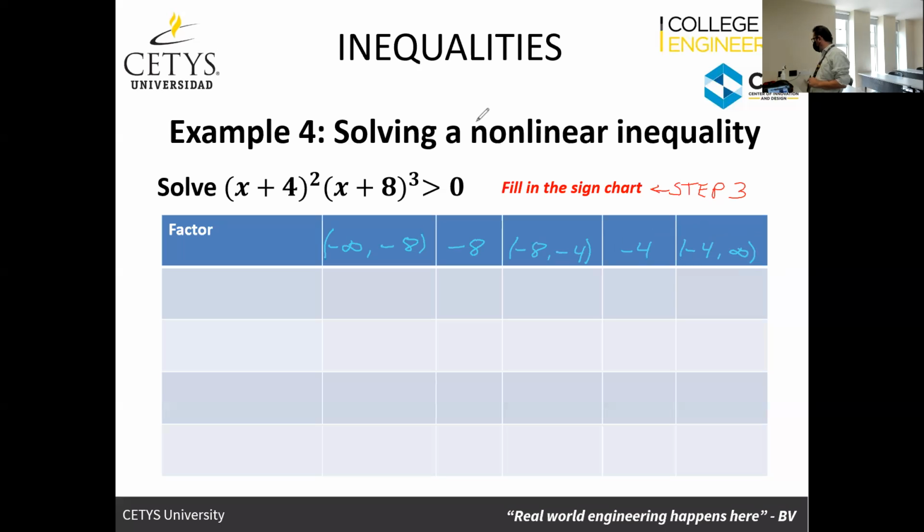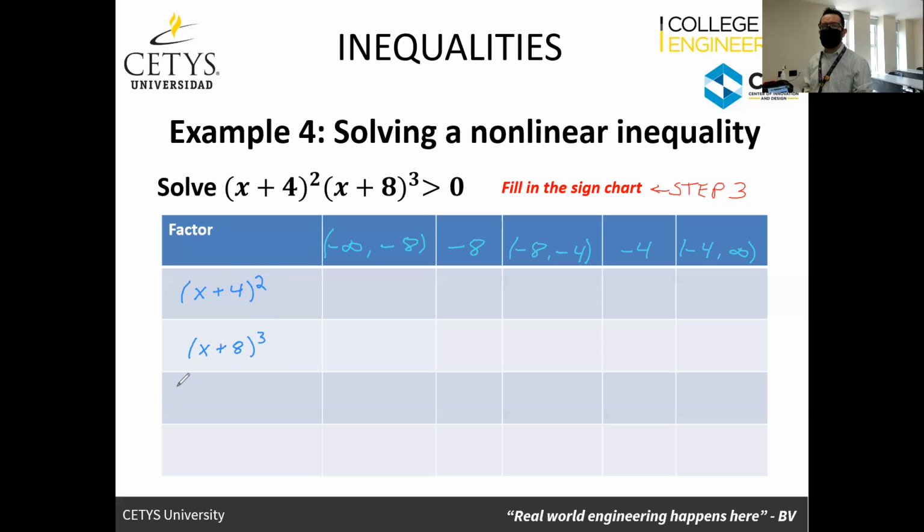And in the rows, we're going to write down the factors. So one factor is going to be x plus 4 to the square. The other factor is going to be x plus 8 to the 3.